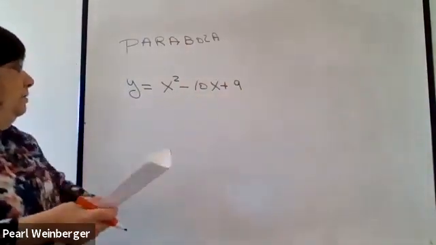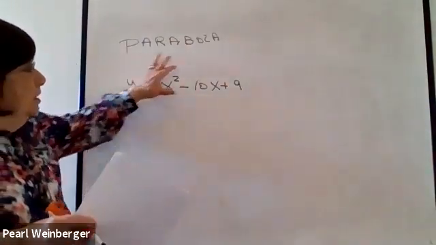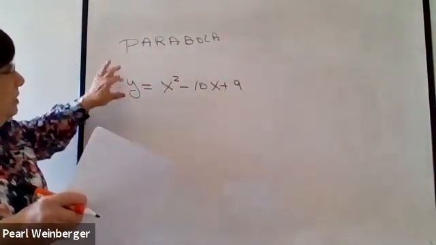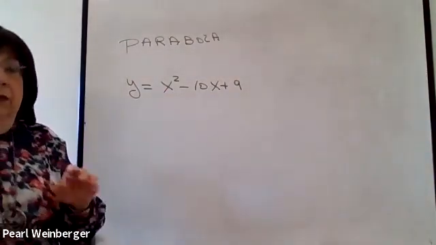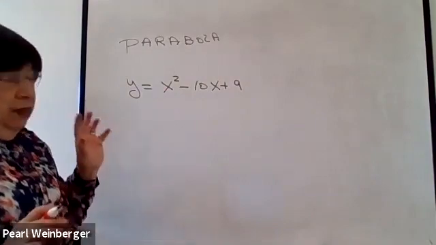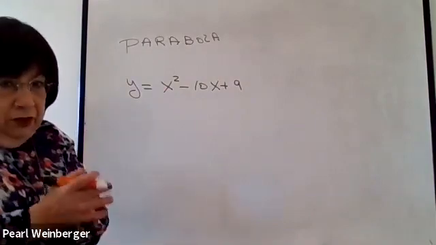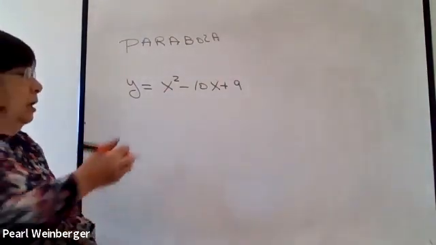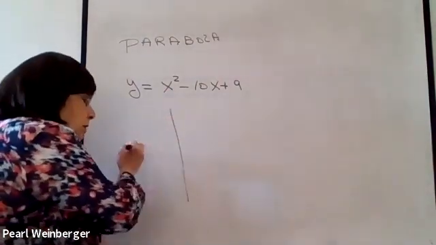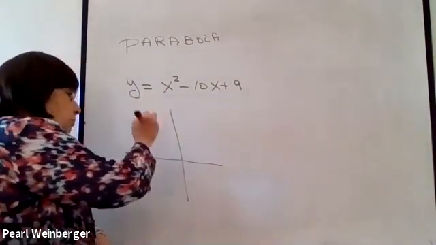If you look at it, it looks like a quadratic equation, except instead of equaling 0, it equals a y. Now, I'm not going to go totally into this, I'm just going to introduce what it's going to look like. The shape of a parabola is U-shaped.